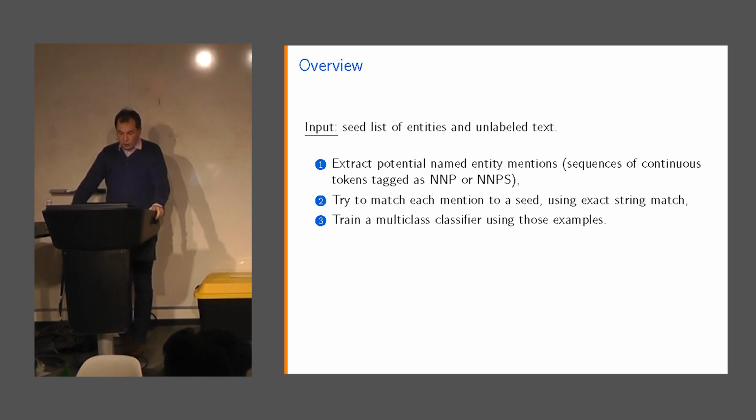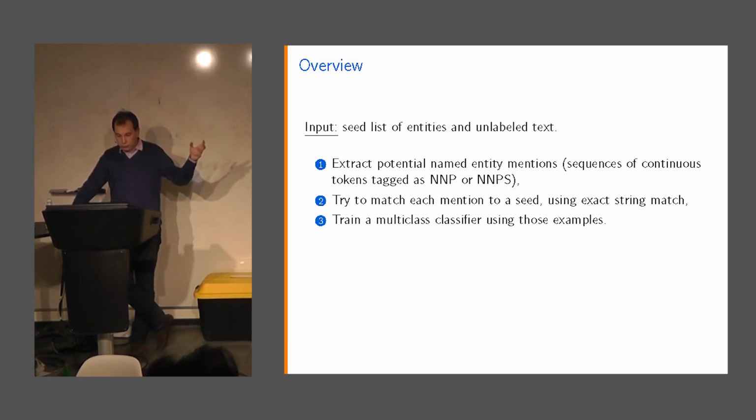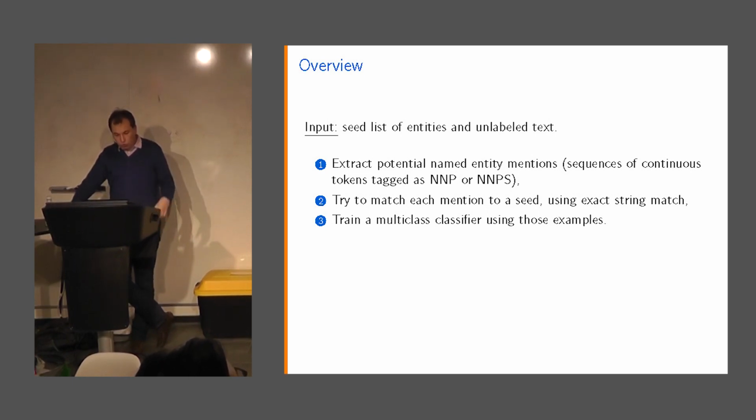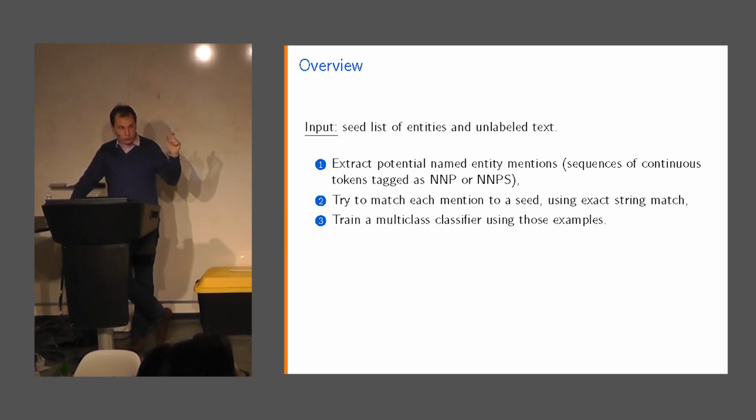So here, what I propose is to do something slightly different. It's again to start in the same way, with a seed list of named entities, and to try to match all the elements of this seed list into unlabeled text, to obtain positive examples.